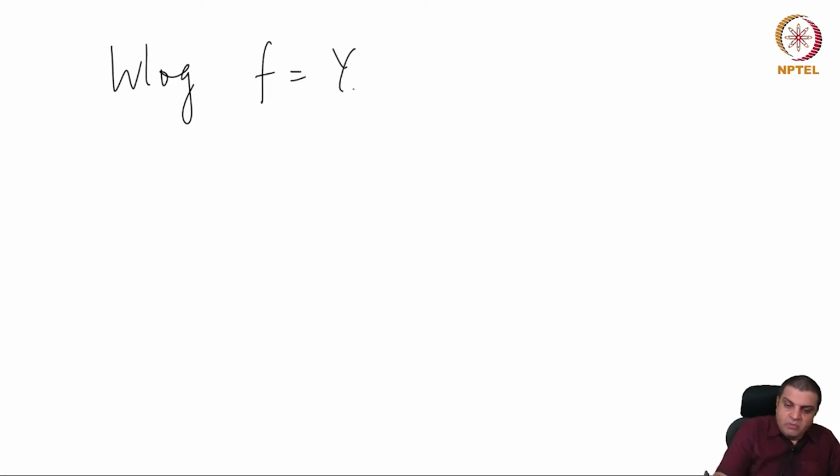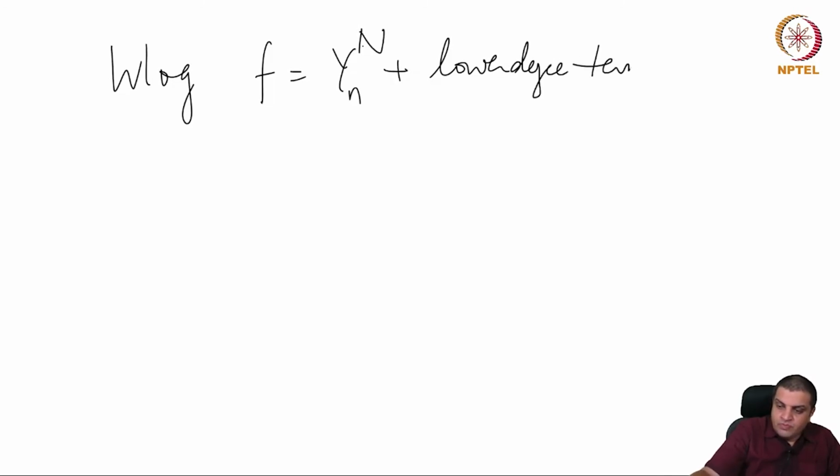Okay, so without loss of generality, f is of the form y_n to some large degree plus lower degree terms in y_n.